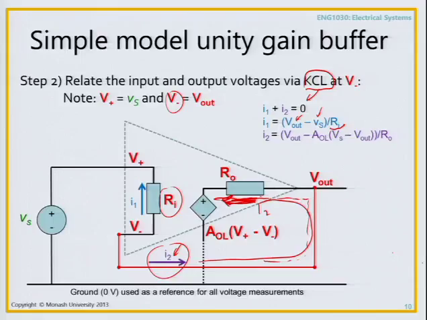That will be V out, that's node here, subtract the voltage at this node, which we get as AOL times Vs minus V out, right? Because this is V plus and V minus, so that's Vs and V out, divided by the resistance RO. Okay?